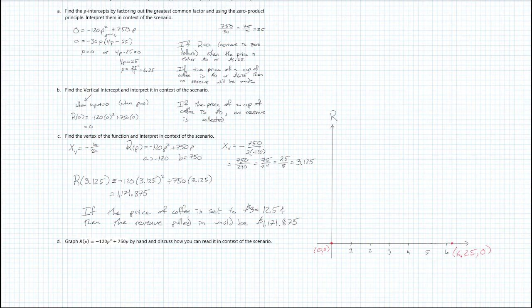And then at 3.125, we have a revenue maxed out at 1,171.875. So if I have 1, 2, 3, 4, 5, 6, 7, 8, 9, 10, 11.